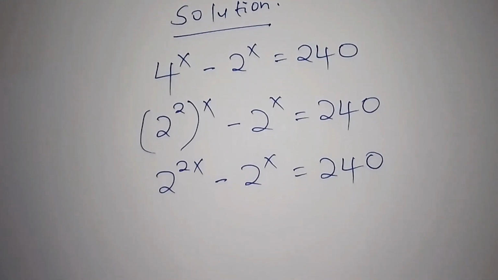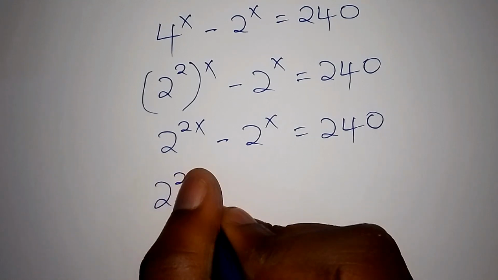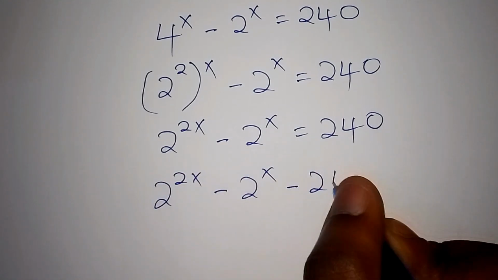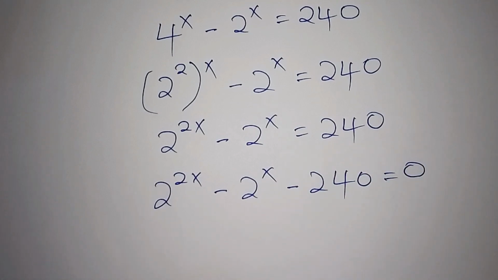So let's now form the quadratic equation. So in that case, we shall now have 2 to the power of 2x minus 2 to the power of x minus 240 is equal to 0. So in this case, we have formed the quadratic equation. Now, in our quadratic equation, we know that the number 2 to the power of x is common.